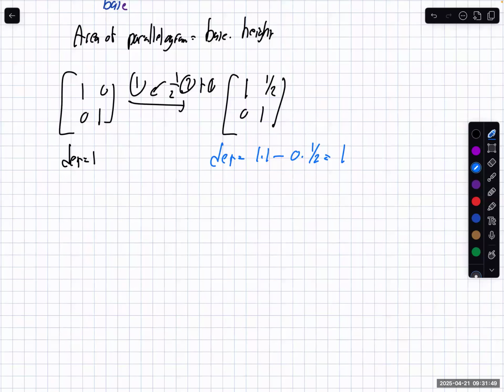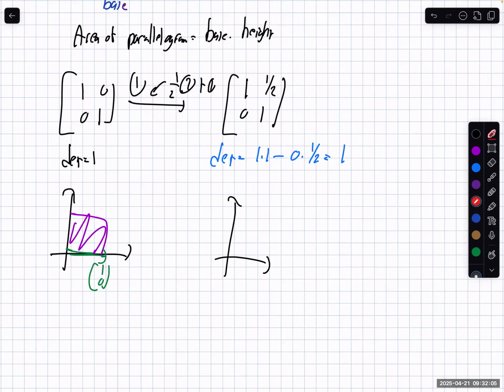Or if I draw the picture, this is still 1, 0, and this goes to 1/2, 1.